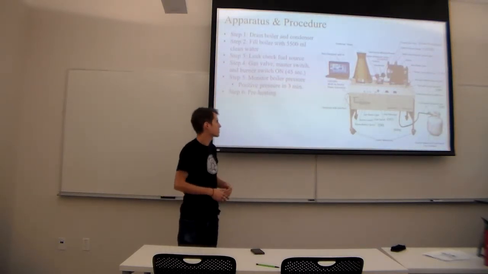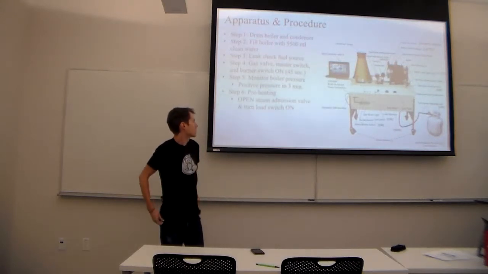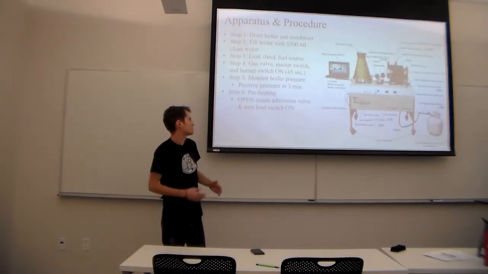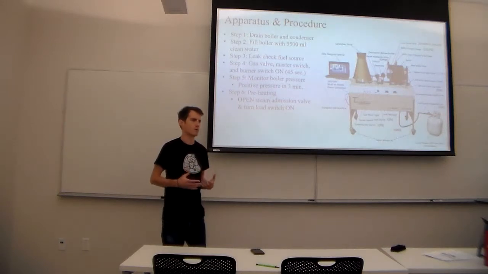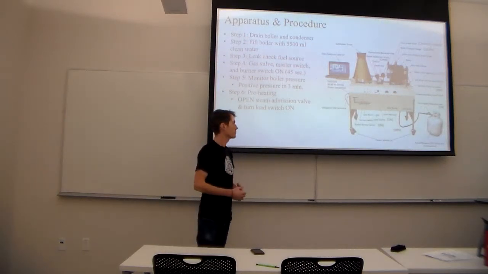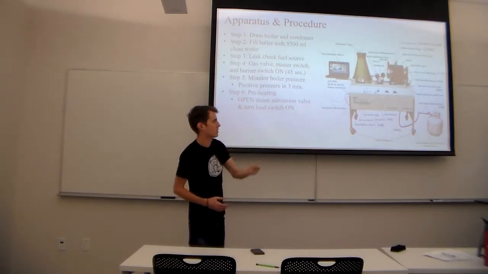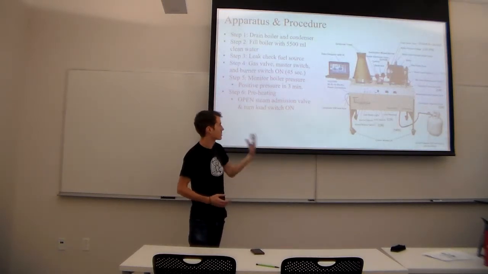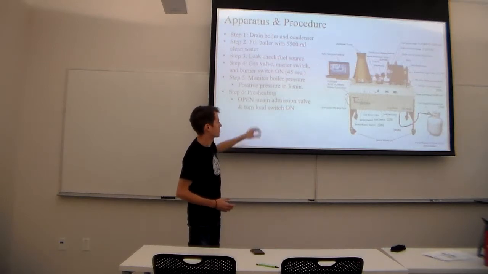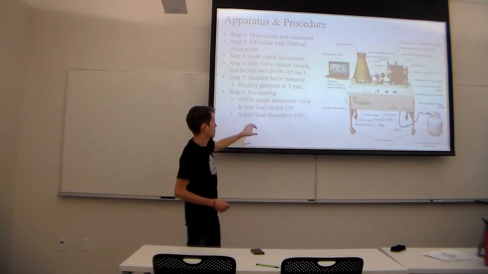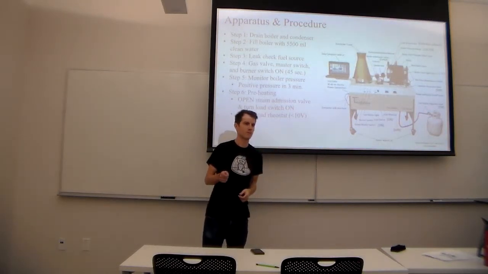So preheating, that's what we're going to do to prepare the experiment for running. So we need to reopen the steam emission valve. That's going to allow steam to come out of our boiler and start running through our turbine, and we turn our load switch on. And then we can adjust our load rheostat in order to maintain just under 10 volts.